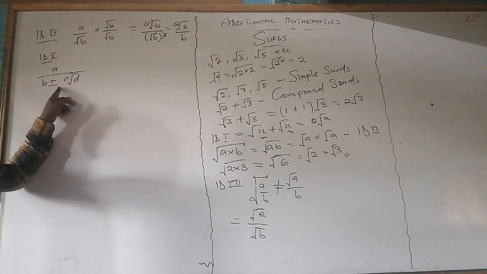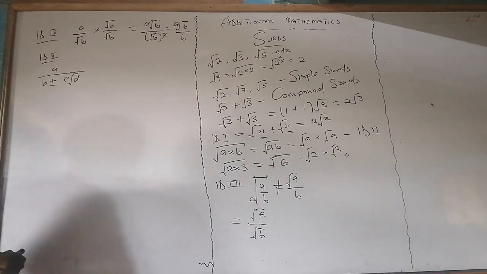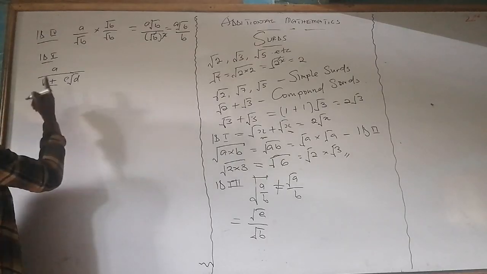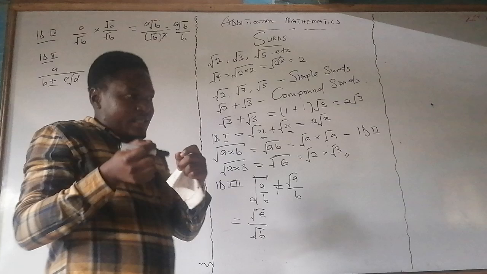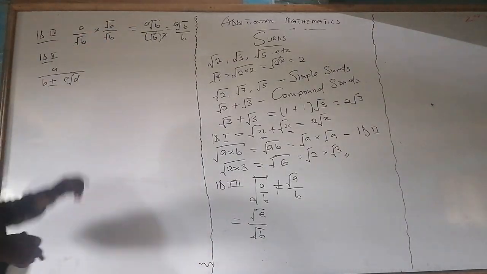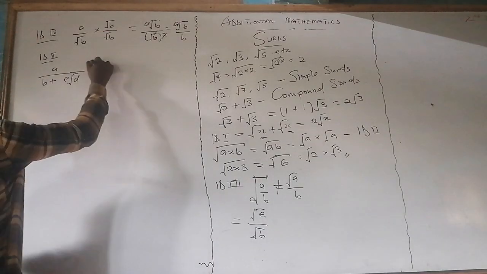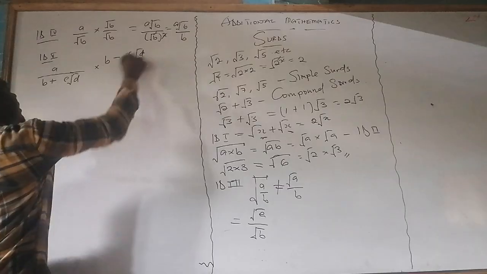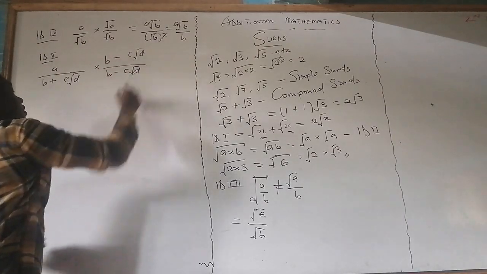Either you are adding or subtracting. What you should do in this case, in order to rationalize, is take the denominator and conjugate it. So what I mean by that is that if this is addition, you are going to multiply by B minus C square root of D all over B minus C root D.